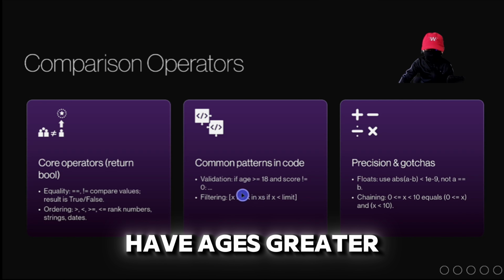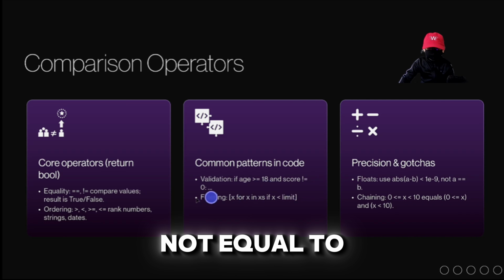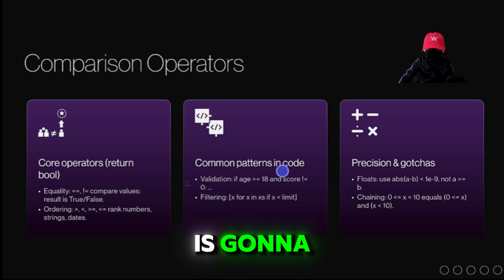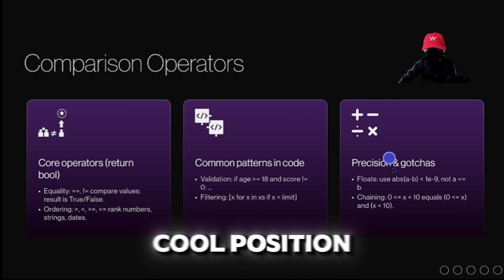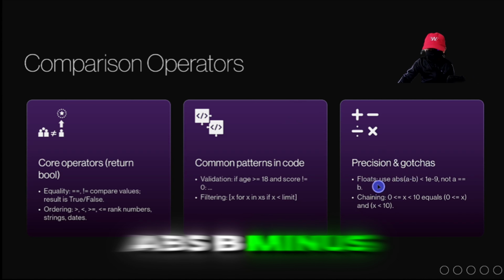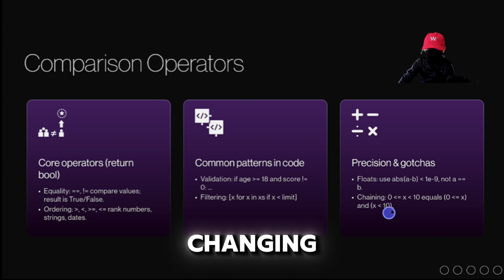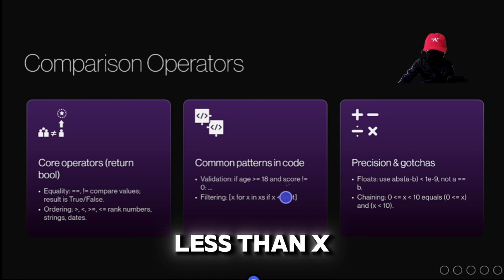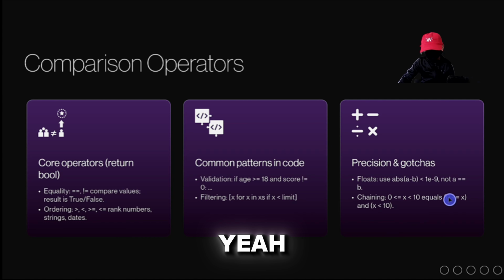Validation: if age is greater than or equal to 18 and score is not equal to 0, it is going to run a command that you put in the Python script. Precision and gotchas: for floats use abs(a minus b), and more. Chaining: 0 is less than x and x is less than 10, and yeah.